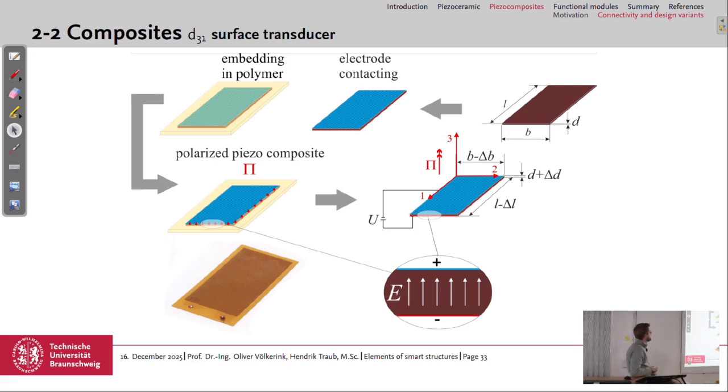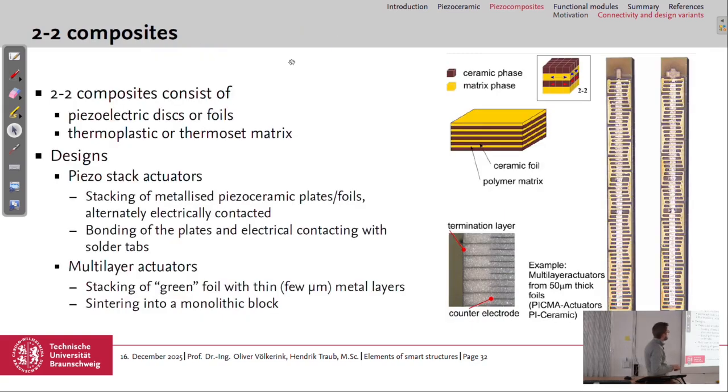We can also use 2-2 composites to build surface transducers. In the case of the stack actuator, we use the D33 effect because the field and the polarization are in this direction, and we also use the elongation in this direction.